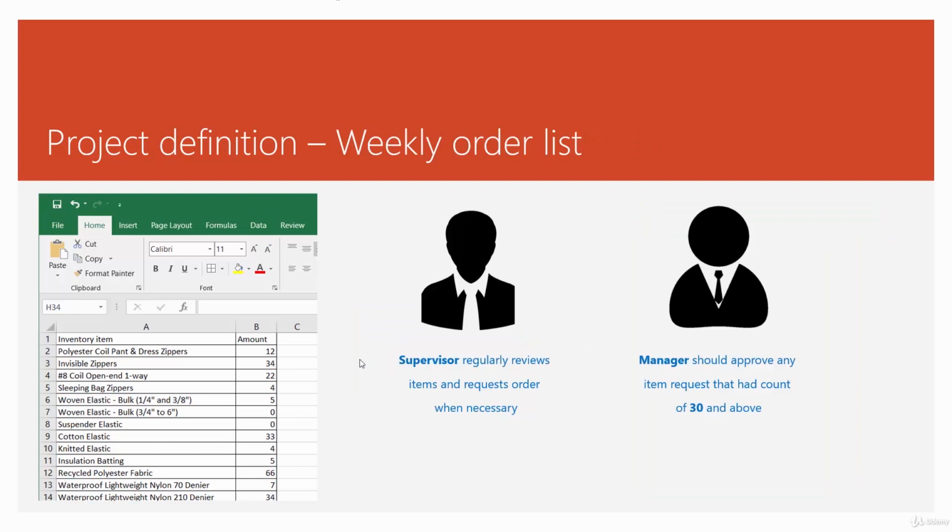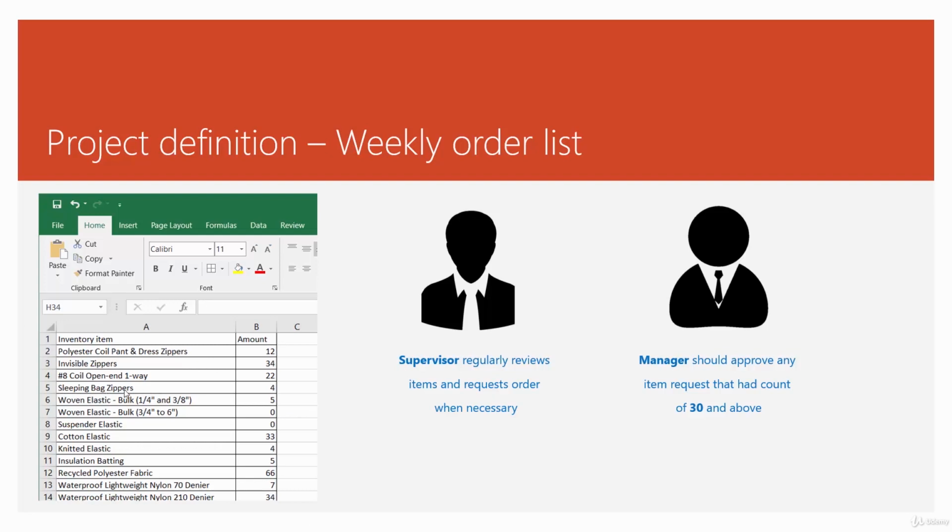If you have a supervisor who regularly looks into these items, anything that is short, he should put a request together and add it to the weekly order list. But this is not just a straightforward add to list item. When this guy picks an item and says, okay, we want to order 5 of these sleeping bag zippers, everything is good.